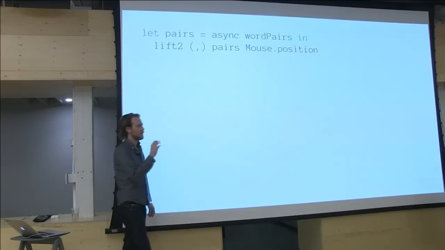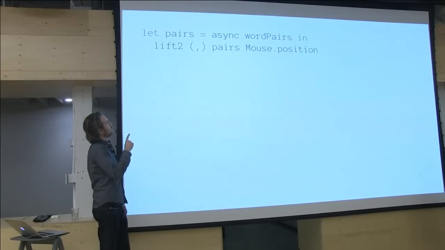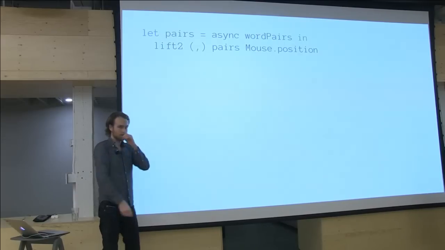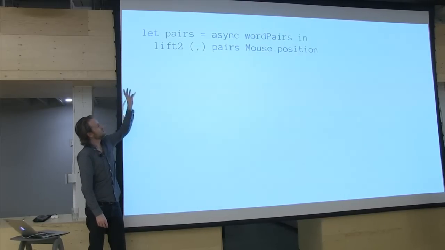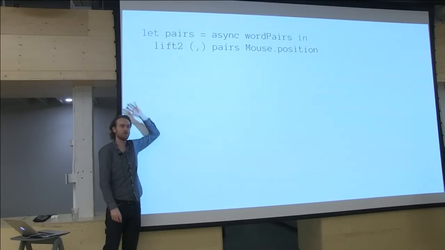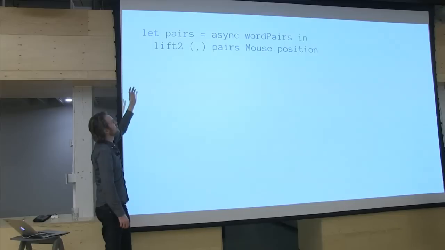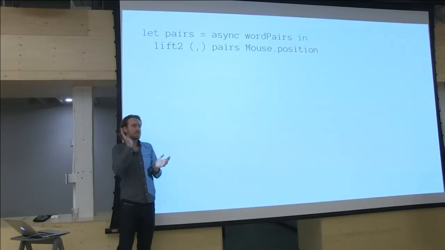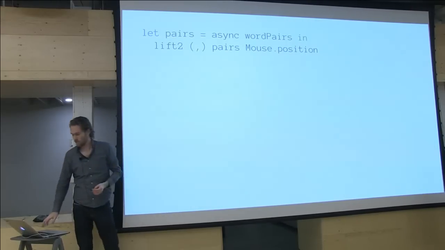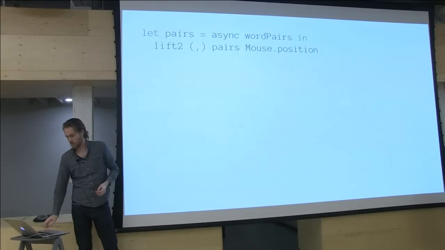We say, let pairs equals async word pairs, lifted to pair together the word pairs with the mouse position. The signal that this let expression evaluates to has two parents: the async word pairs, and the mouse position. And this is what it looks like.